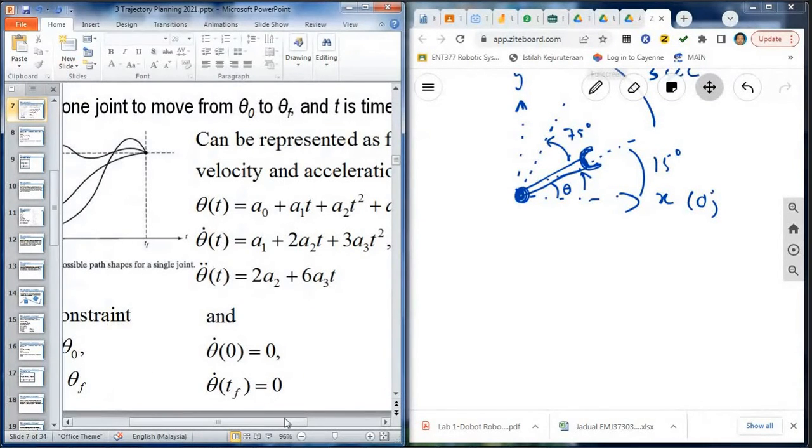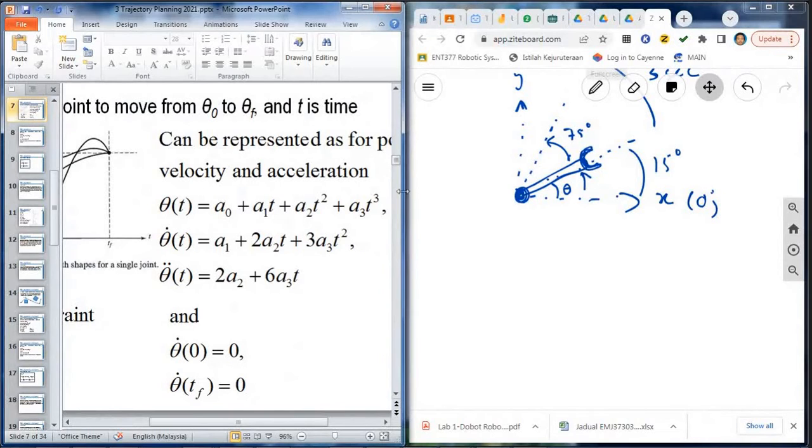The rest you can get using the differential formula to get the velocity and acceleration equations.